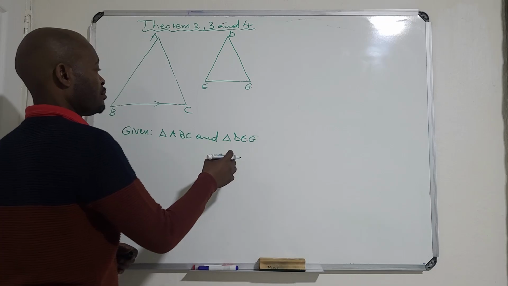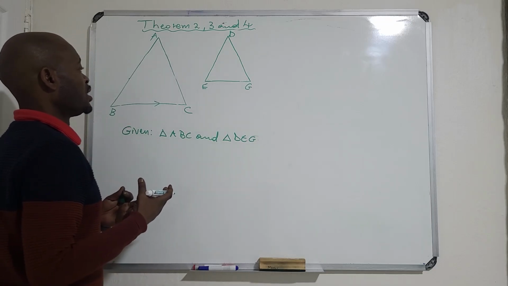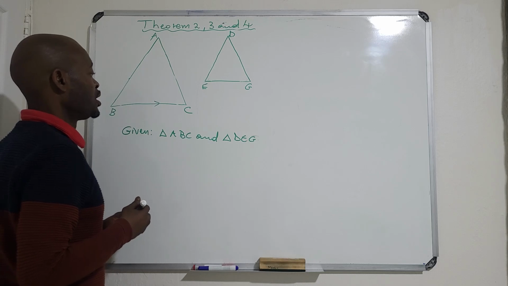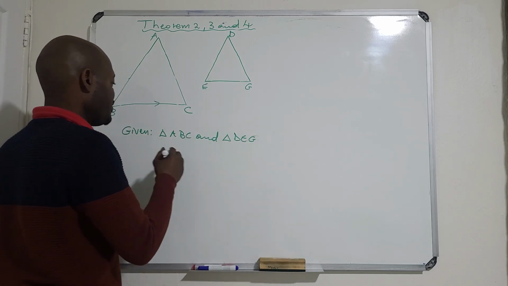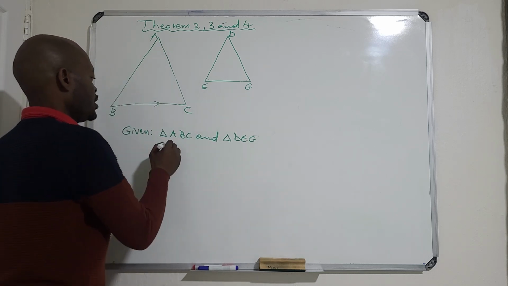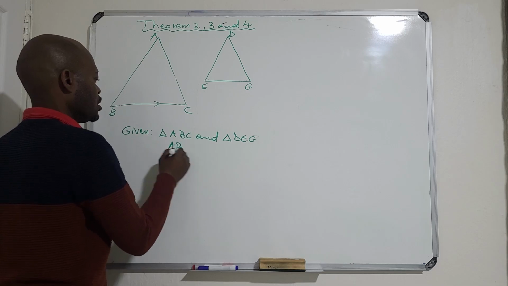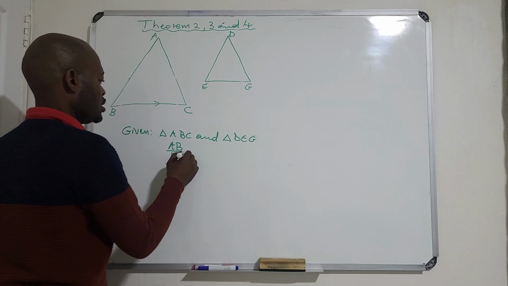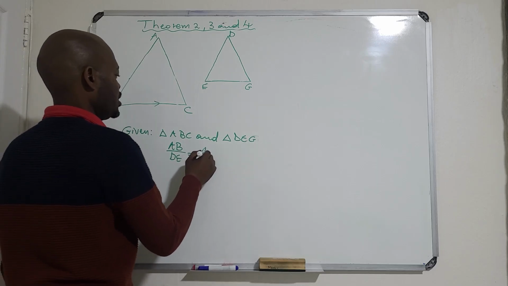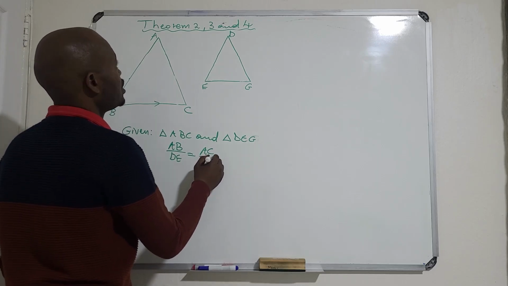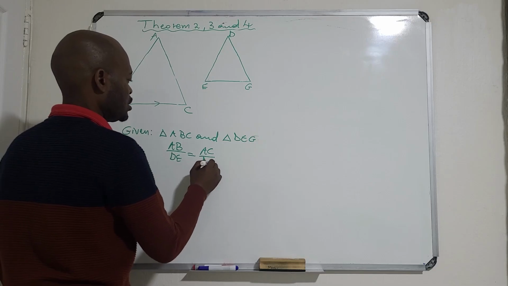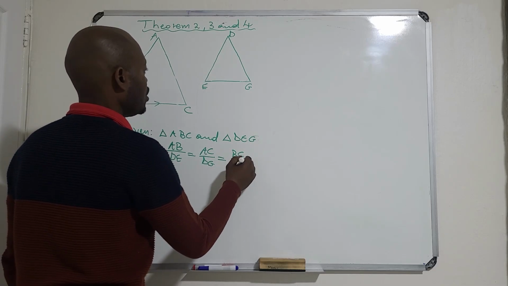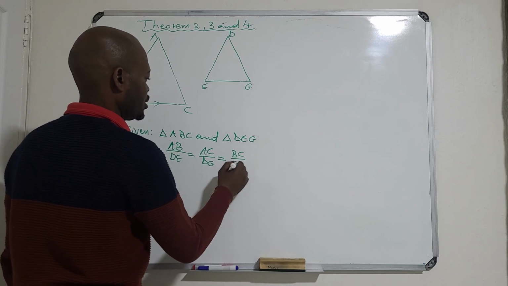Because we are told that the corresponding sides are in proportion, we are also given that AB over DE is equal to AC over DG, which is equal to BC over EG.